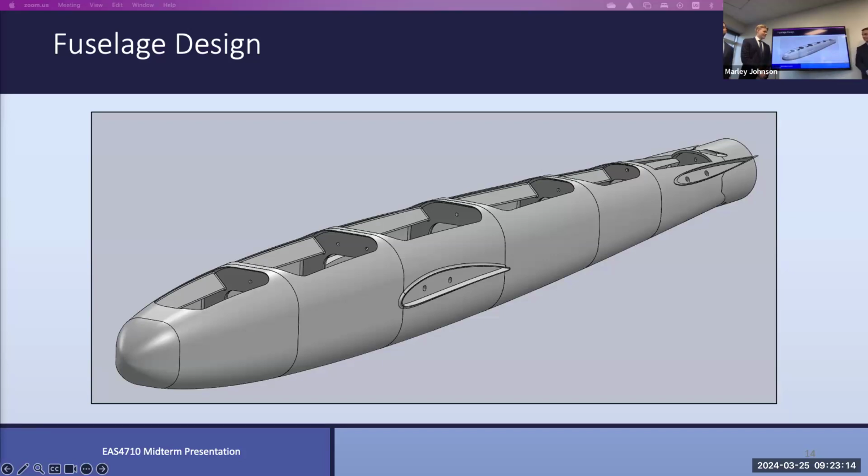The first aircraft I made myself, before I taught this class, used a one layer PLA, and you saw the aircraft fly very well.